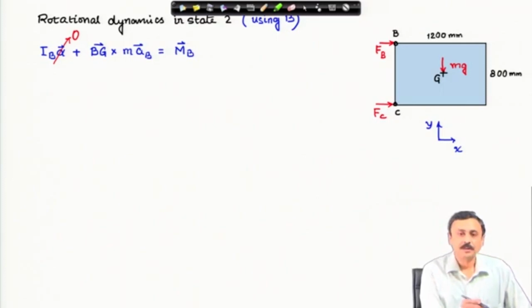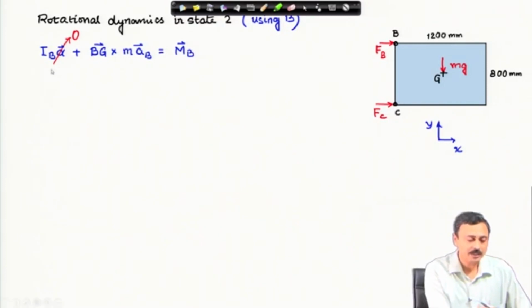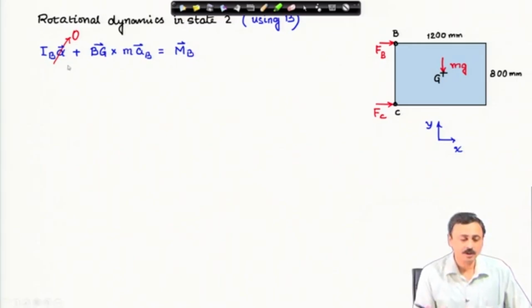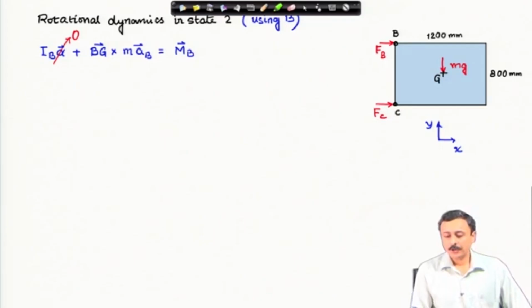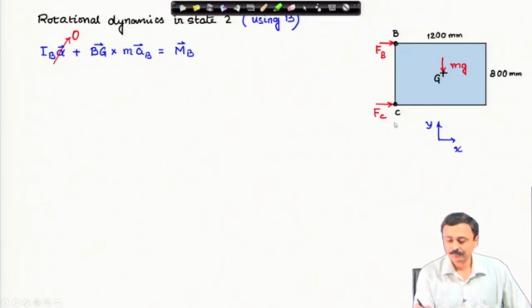Because the angular momentum equation about B is the moment of inertia of the plate about B times angular acceleration plus BG cross mass of the plate times acceleration of B, that is equal to the net moment about B. Since we want to find the force in member DC at point C, I am considering point B because about that point Fc and the weight are the only two forces that contribute to the moment about B.